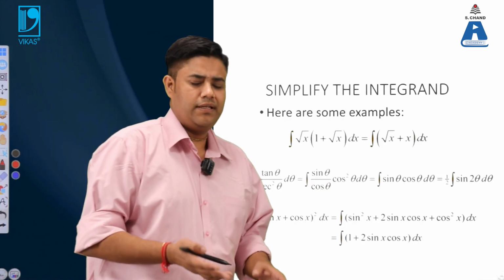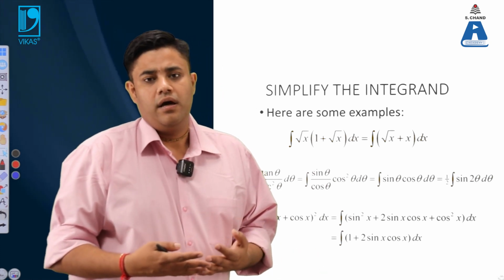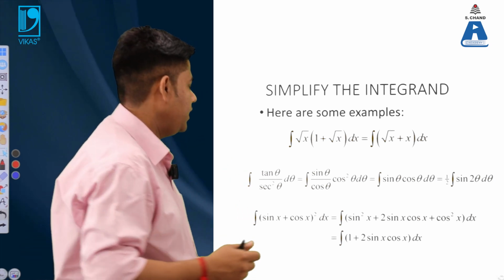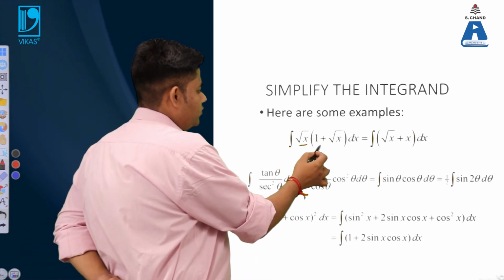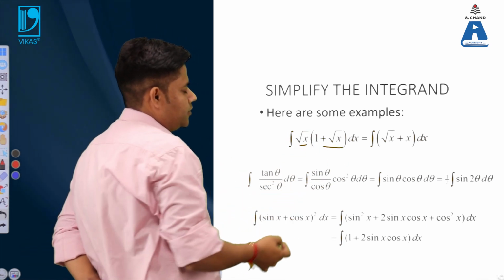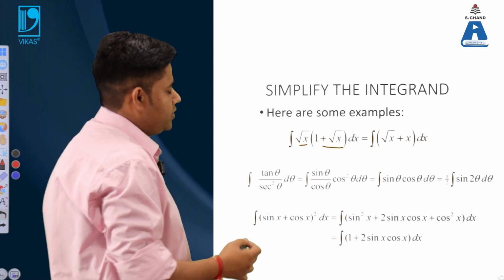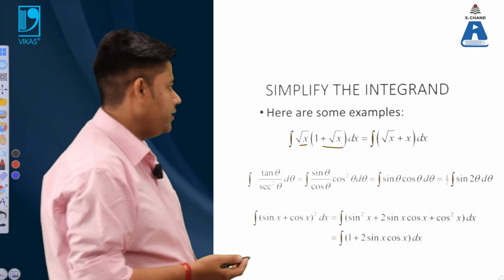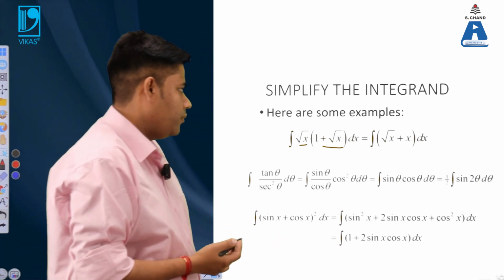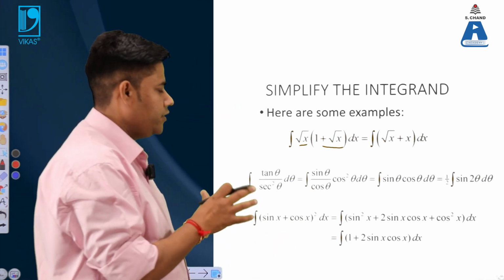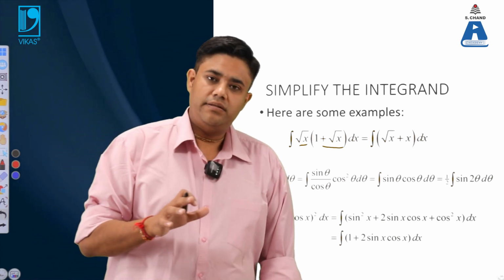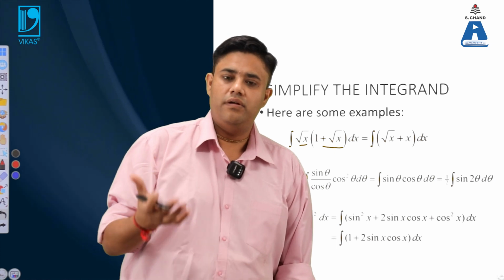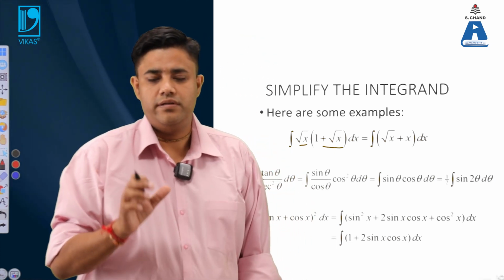Let's have a look at certain examples of what I am telling, to simplify the particular aspect. Let's say we are given these two algebraic expressions, and we want to get the integral of their product. For products, we don't have a rule like the one in the case of derivatives or differentiation.